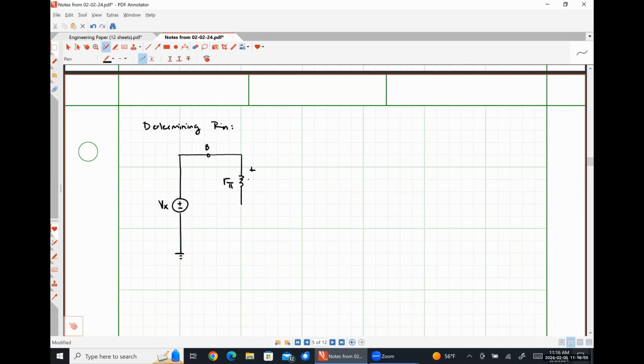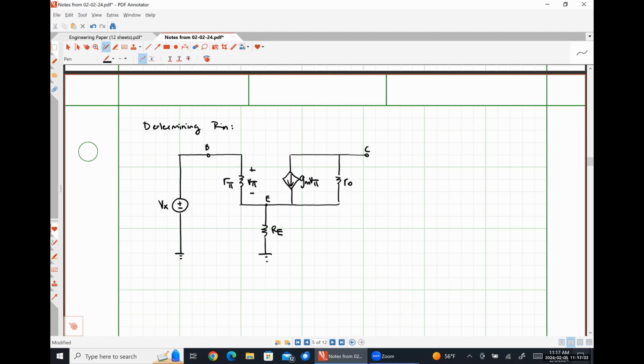Here's R pi, V pi, GM V pi, R naught. Here is our emitter resistance RE.